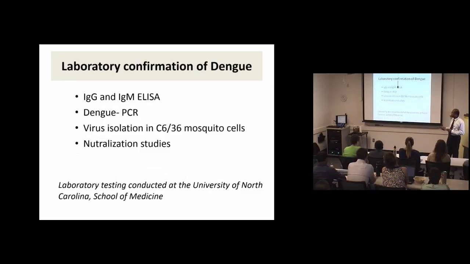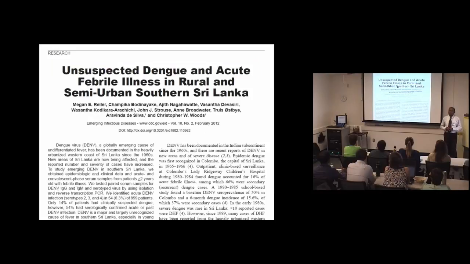We tested these samples with IgG and IgM for dengue, dengue PCR, virus isolation, and neutralization studies. These tests were done at the University of North Carolina. And the results of this study were published in 2012 in Emerging Infectious Diseases.